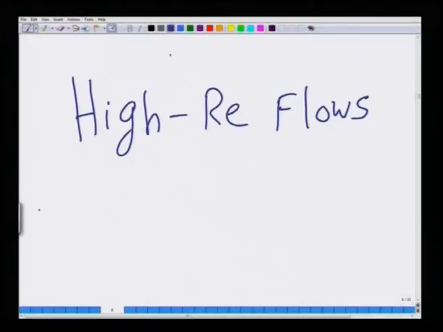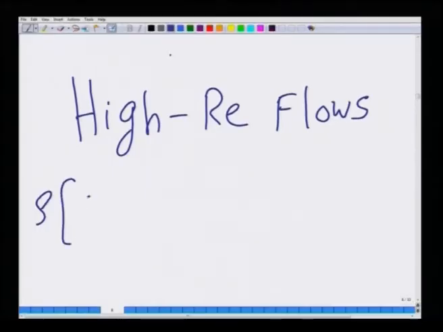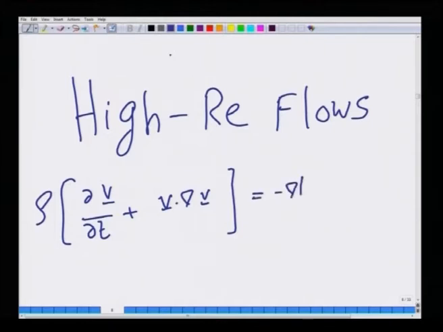Now, the problem with the Navier-Stokes equations, as I have told you, is that they were written down about 200 or 300 years back really, but they are extremely complex to solve. The Navier-Stokes equations for an incompressible fluid are non-linear partial differential equations.